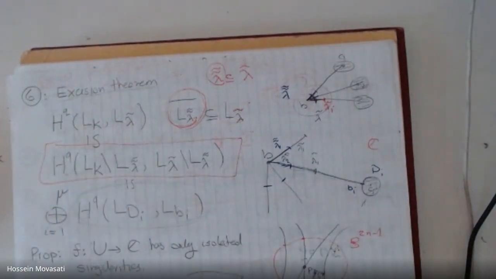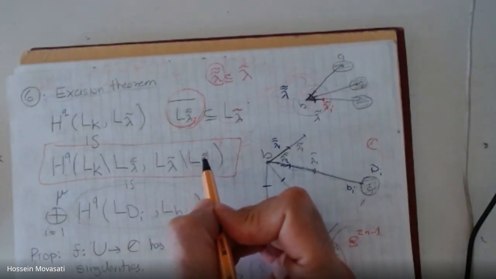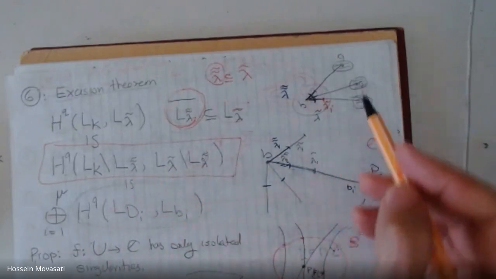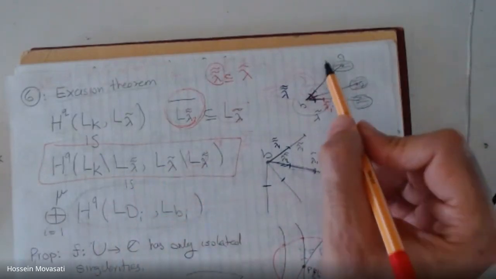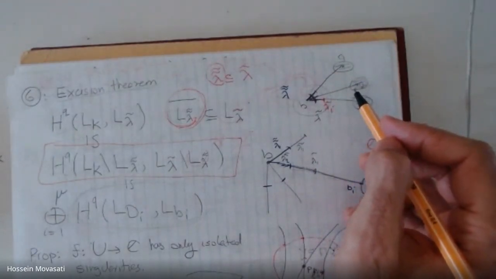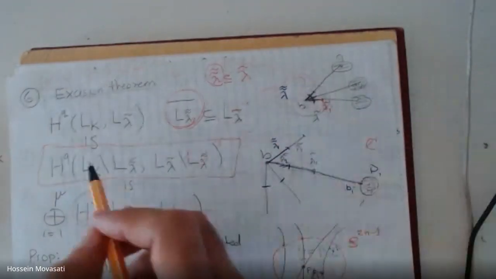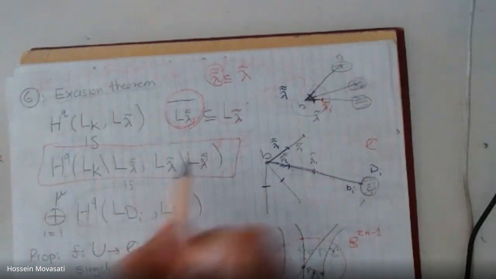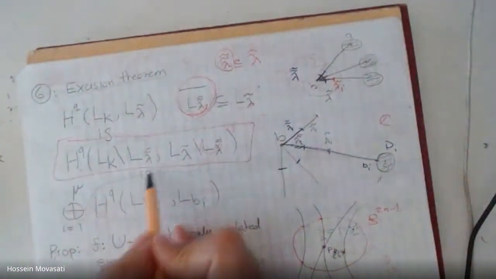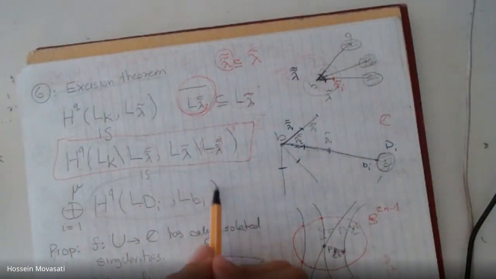And why did we do this one? Because once we cut this L double tilde lambda, our picture will be a union of mu connected spaces, and in particular the same thing will happen for this one. So our cohomology will be isomorphic to HQ of L DI, LBI.